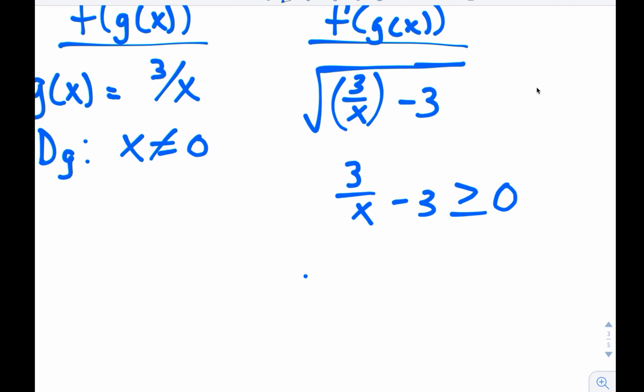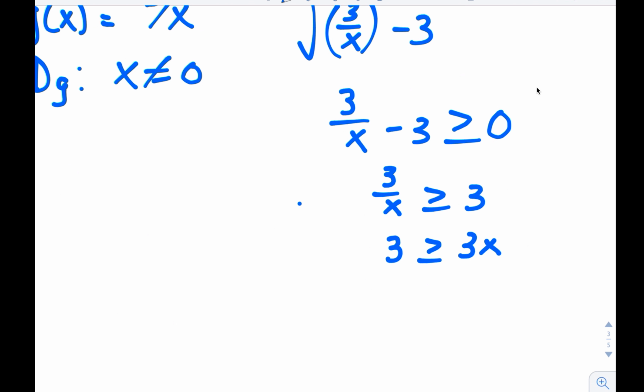Okay, so I could add the 3 over. I can multiply the x over. And then I can divide the 3 to the other side. So 1 is less than or equal to x, or x is less than or equal to 1.